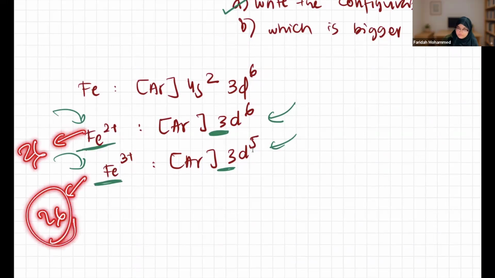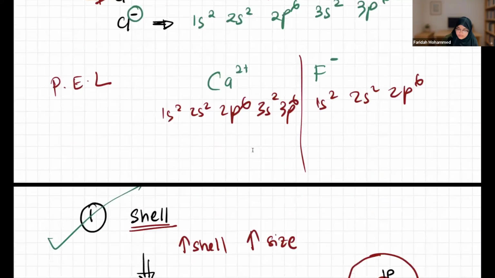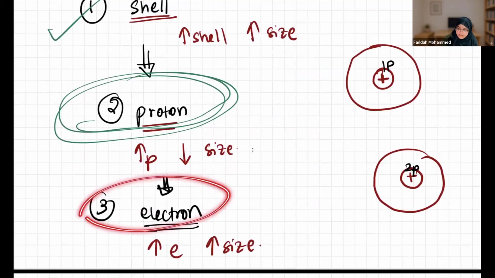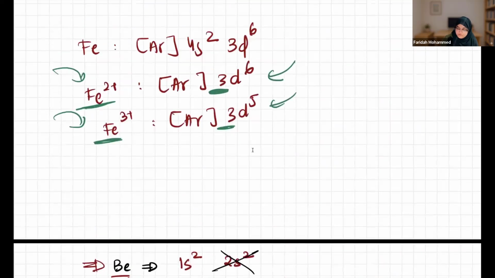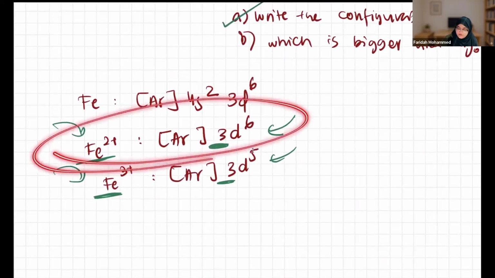Now where do we go? Number of electrons, right? You guys got to here, but you did not reason why the one with more electrons, which is Fe2+, is bigger. Why is the one with more electrons bigger?